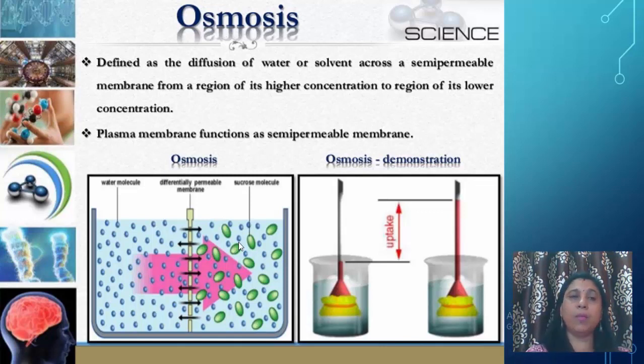Osmosis is the same, but the only difference is in diffusion there is no semi-permeable membrane, whereas in osmosis there is a semi-permeable membrane. Also, diffusion can take place in all three states of matter, that is solid, liquid and gases, whereas osmosis takes place only in liquids. Plasma membrane functions as a semi-permeable membrane.